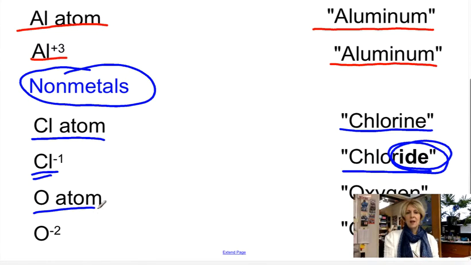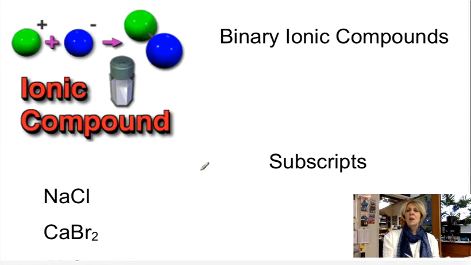If you see a plain oxygen atom, you say oxygen. If it is an oxygen ion that has gained 2 electrons, we call it oxide. All right, so that's going to become important. So guys, I'm going to teach you the rules for the simplest kind of nomenclature called binary ionic compounds.